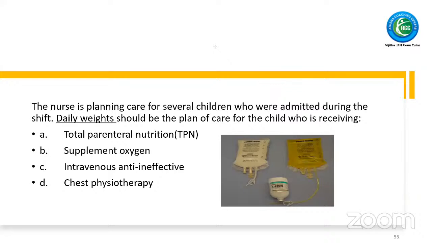When you check weight, you can identify the improvement of the weight or improvement of the nutritional deficiency, as well as it provides you a clear picture in terms of circulatory overload.